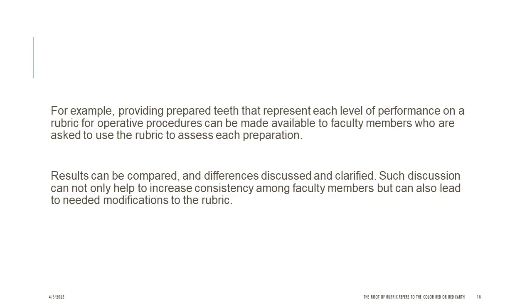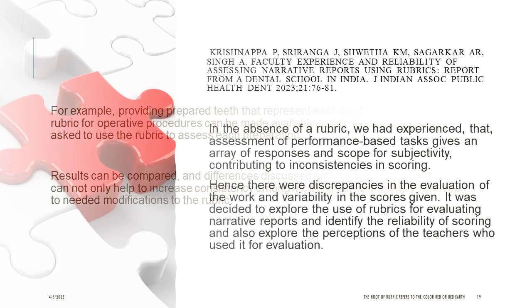Such discussion can not only help to increase consistency among faculty members, but can also lead to needed modifications to the rubric. If each of us puts his own point of view according to the rubric, and then we sit together and settle what changes we need to make to the rubric, what points we need to add, what points need more clarification.